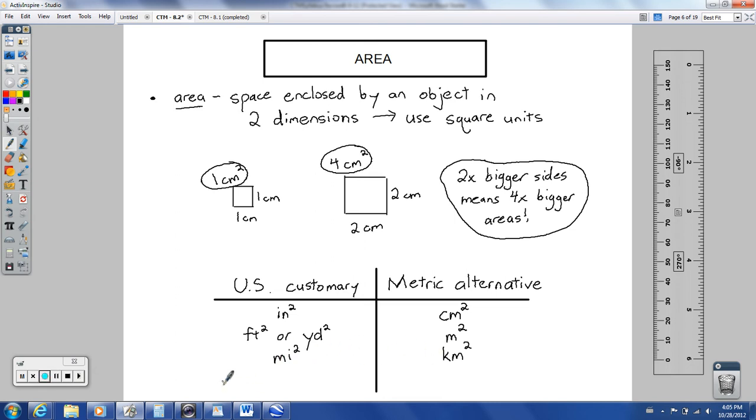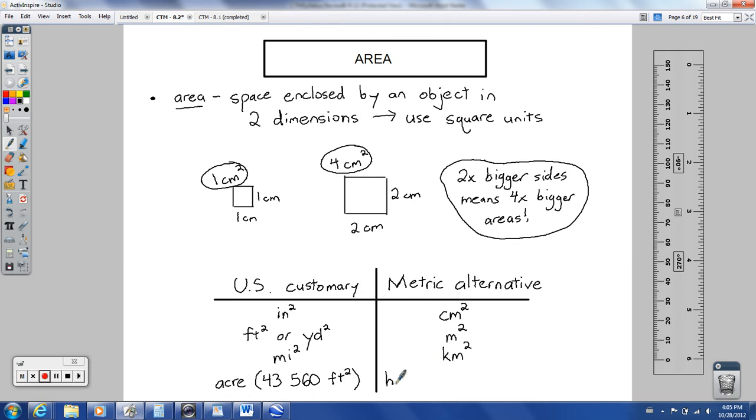And then an acre is also a common unit of measurement for area in the US, and remember, we're leaving spaces instead of putting commas between the 3 in this chapter. So 43 560 feet squared is what 1 acre is.